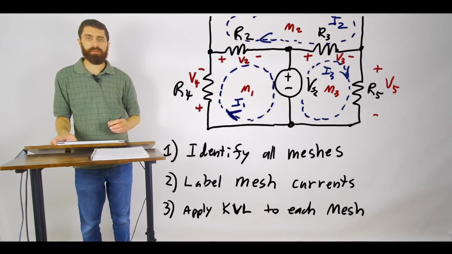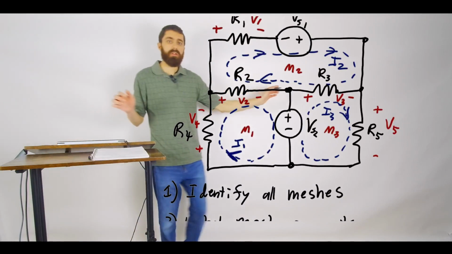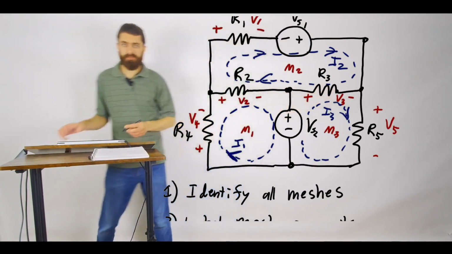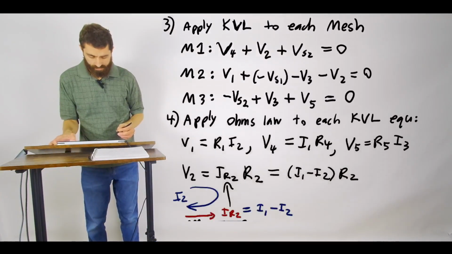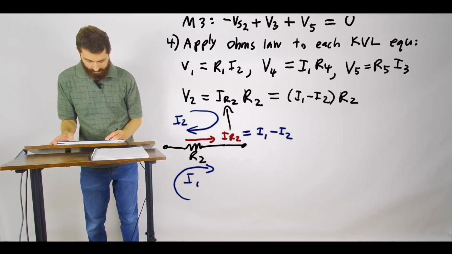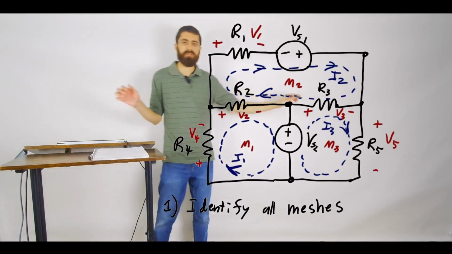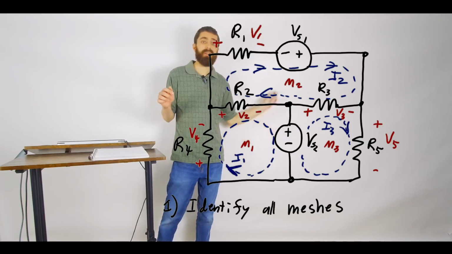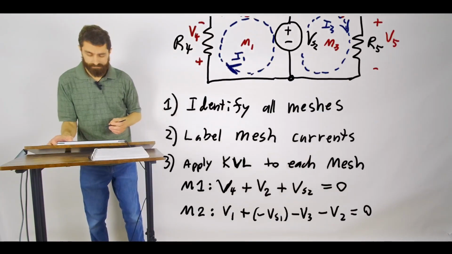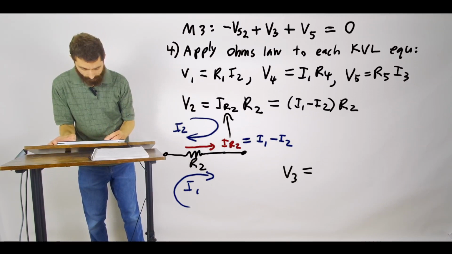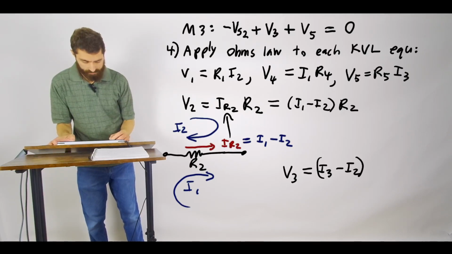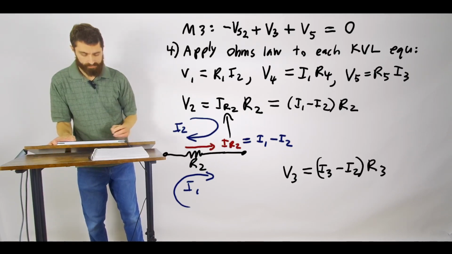And then in a similar manner, we can express the voltage V3. Again, V3 is going to be equal to the current through that resistor in this direction, which is going to be I3 minus I2, times R3.